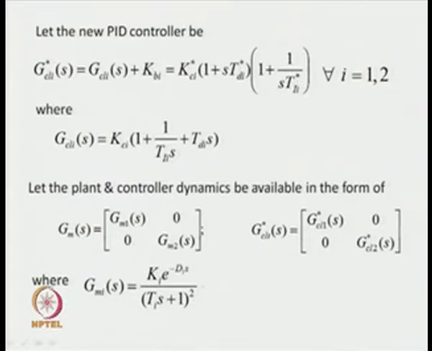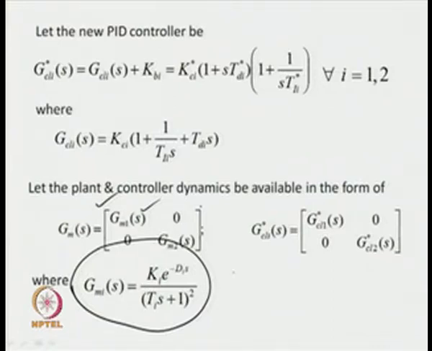Let the plant dynamics be assumed to be available in the form of GM(s) equal to the diagonal transfer matrix [GM1(s), 0; 0, GM2(s)]. That means the plant dynamics is represented by the diagonal transfer matrix GM(s), where the elements of the transfer matrix are given by GMi(s) equal to Ki times e to the power minus dis upon (Ti s plus 1) square.